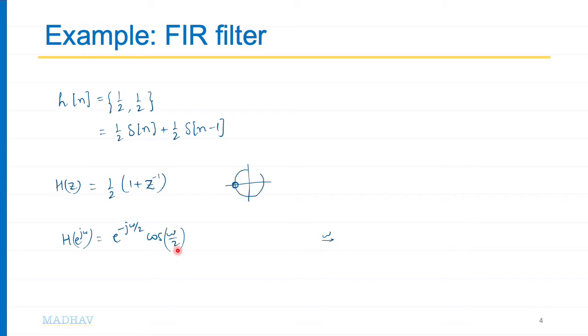Now let's try to plot how it looks. My H(z) will be like this. Basically I have a zero only in the numerator. You can see I have a zero at minus 1, and then if I plot H(e^{jω}), you can sketch it by looking at the pole-zero plot, but you can also plot this term, which looks like this, right?